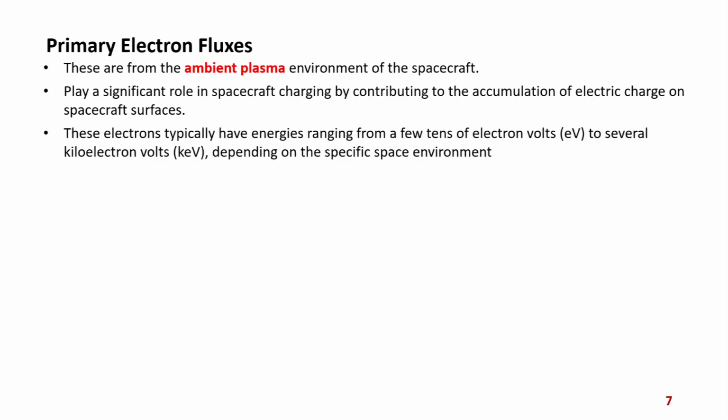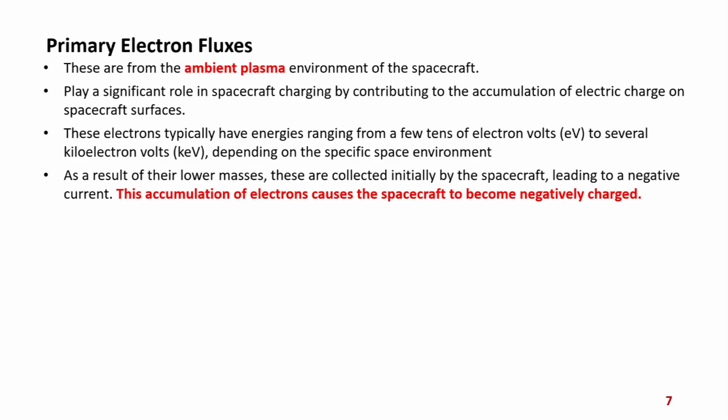And these electrons again depend on the space weather, the condition of the solar wind, or the perturbation in our ionosphere. Its energy typically can vary from a few electron volts to a few kilo electron volts, depending on the specific space environment, as I already said.